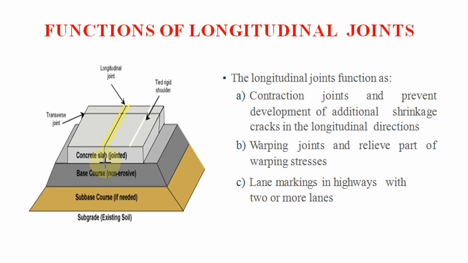The joints also relieve part of the warping stresses, the warping action which happens because of temperature variation. They also provide lane markings in highways with more than two lanes.